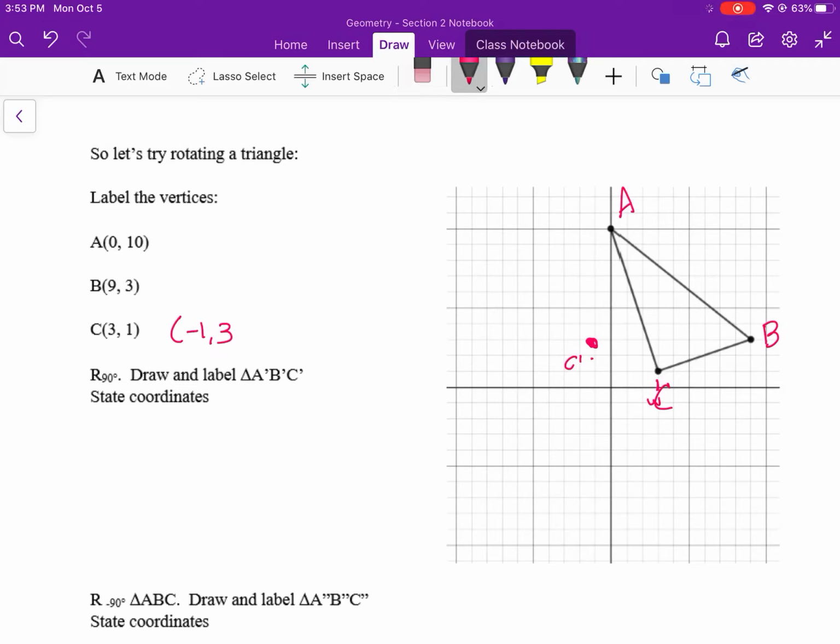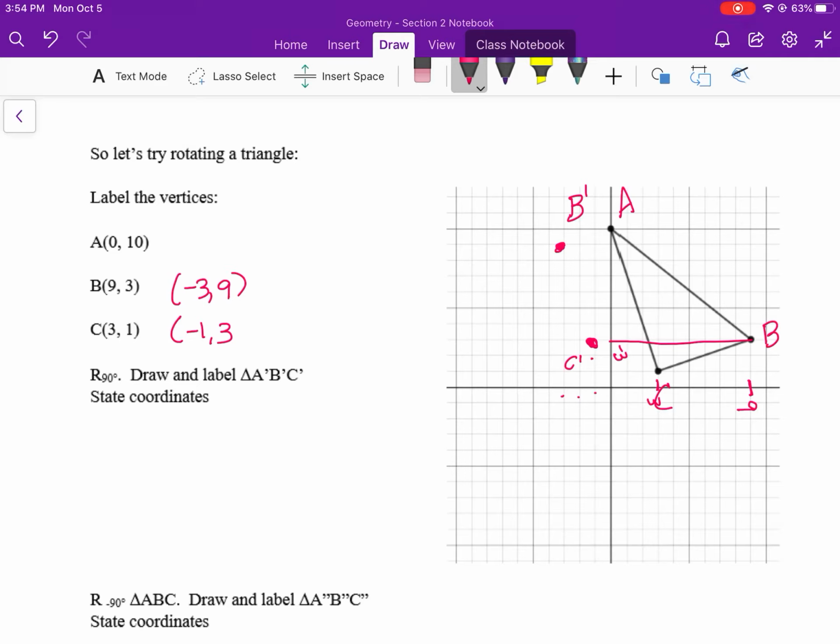Okay? All right, so let's try another point. I'm going to turn it again. Okay, and now it looks like this is the x-coordinate -3 and the y-coordinate 9. So B prime is the point -3, 9. So now I'm going to turn my iPad back, and this is going to be -3, 9. So I'm going to put, let's see, 1, 2, 3, -3, 9 would be here.